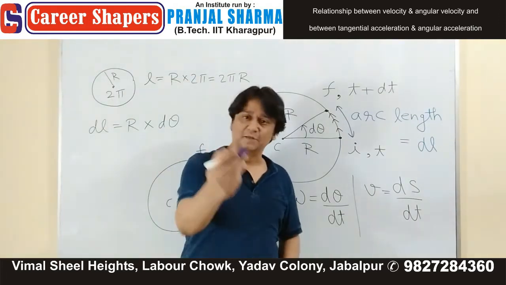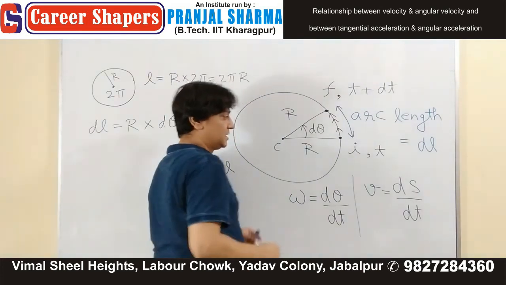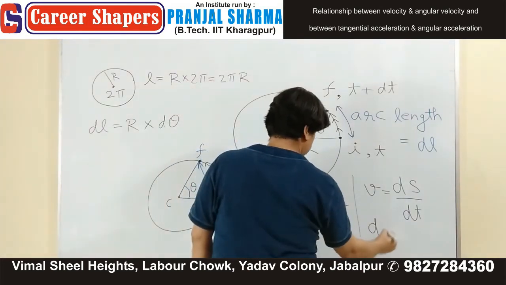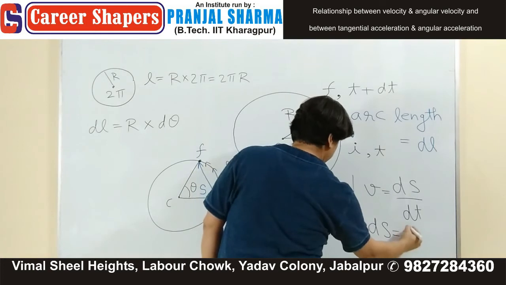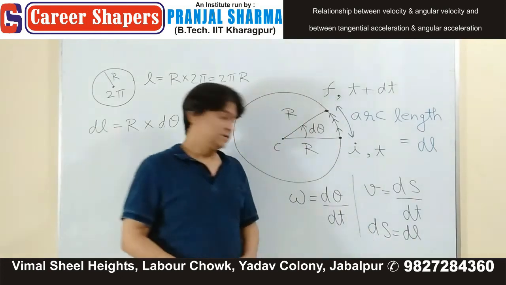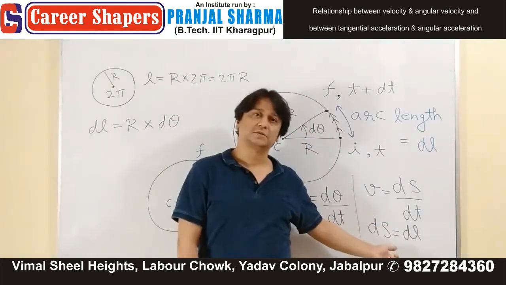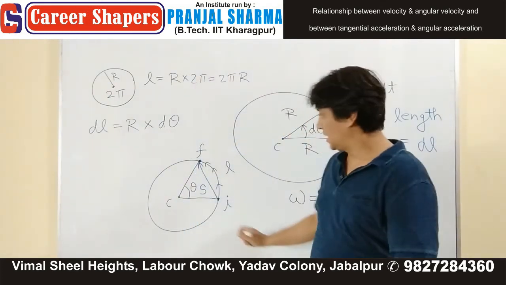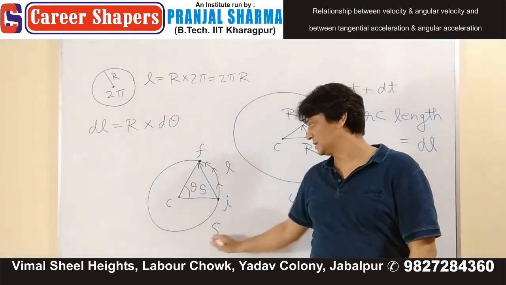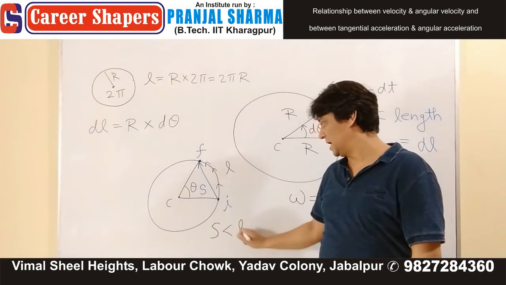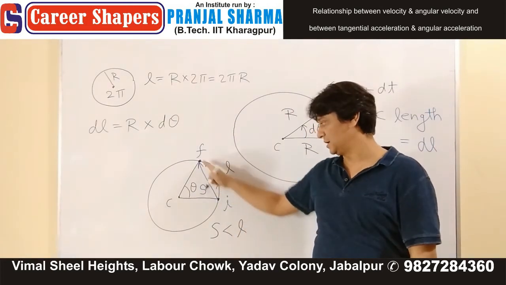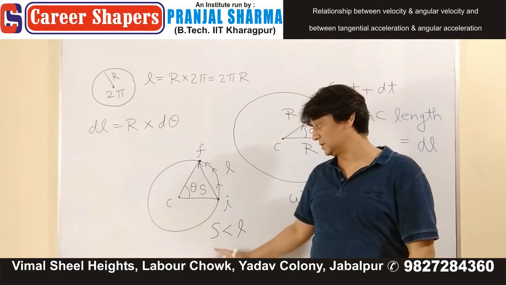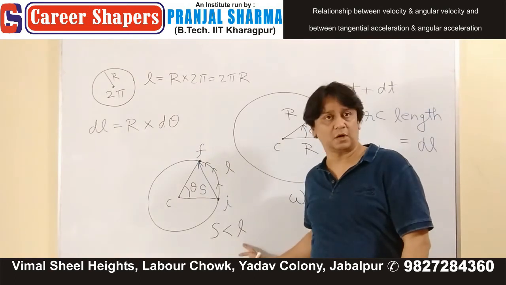But just tell me, can I say that ds is dl? Is it correct for me to write this? Can I write ds equals dl? S is less than L, everybody can see. Displacement is less than what?